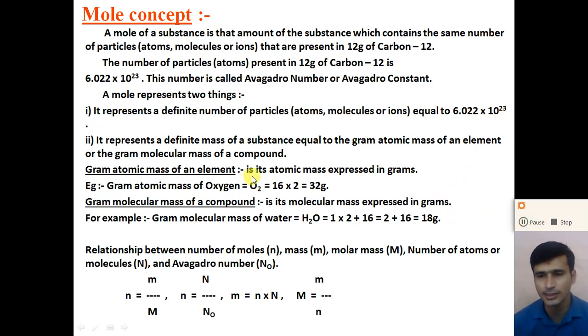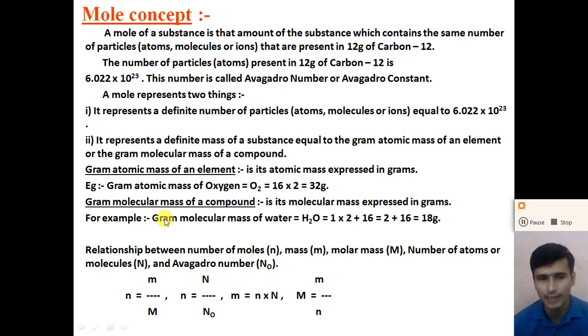So from this concept, the mole represents the number of particles, and the gram atomic mass or gram molecular mass. We can get the relationship between the number of moles n, mass m, molecular mass capital M, number of atoms or molecules capital N, and Avogadro number N0.